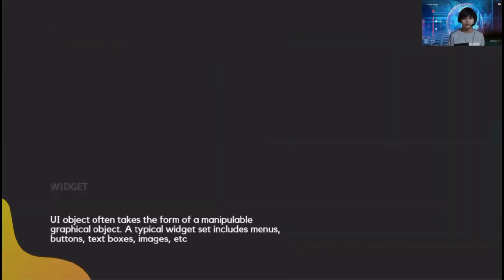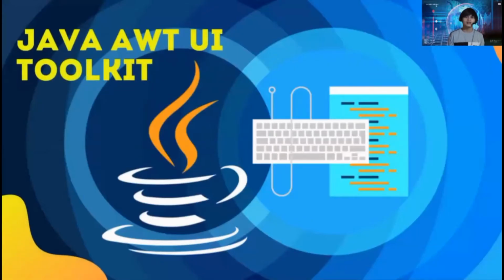Okay. So first, let's discuss the Java AWT UI Toolkit. Java is a programming language, and there are a lot of programming languages that we can use when we want to develop Android applications, iOS applications, web applications, and a lot more.